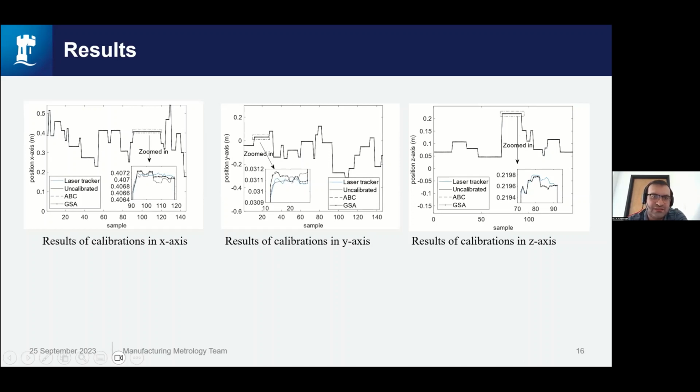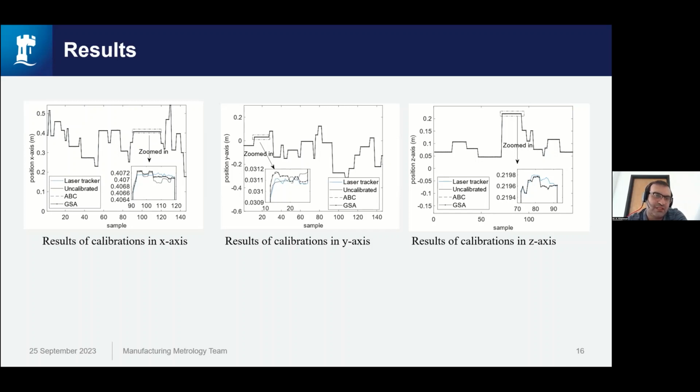The laser tracker values are the reference, which are the more precise values, and then we have uncalibrated values.